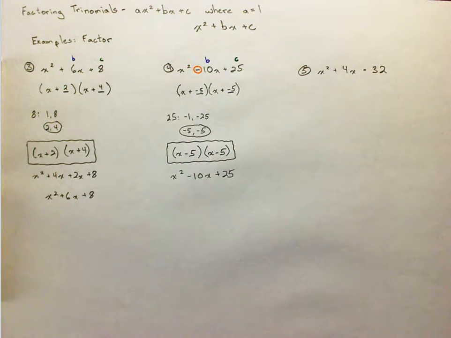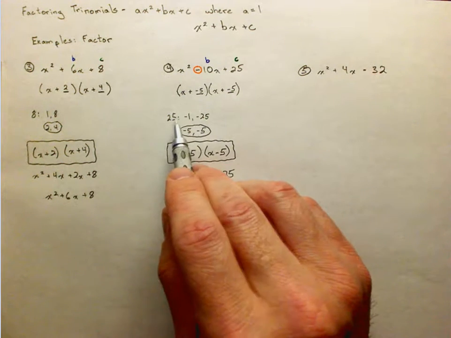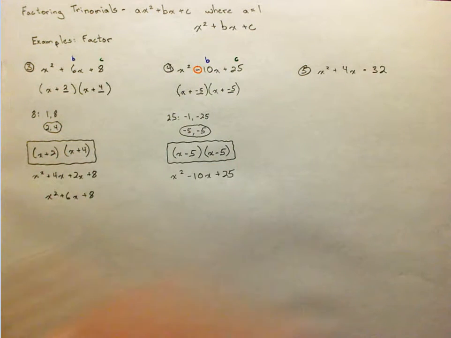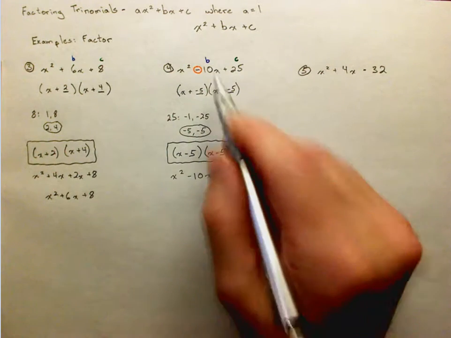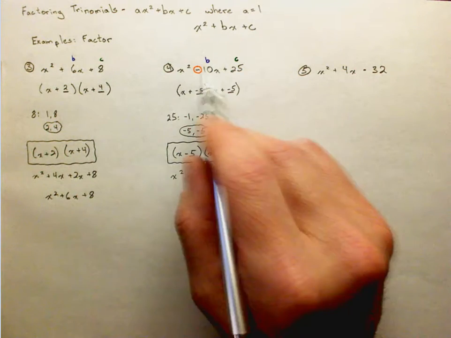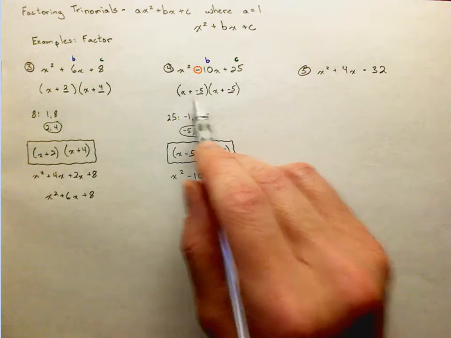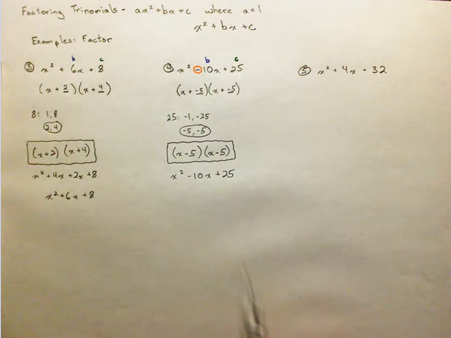Now, if you can look at 25 and see that I know it's not 1 and 25, there's no way I'm going to get a negative 10 out of that, there's nothing wrong with being able to do that. But you still need to work it out, especially whenever you check your answer to see if you get the same thing.